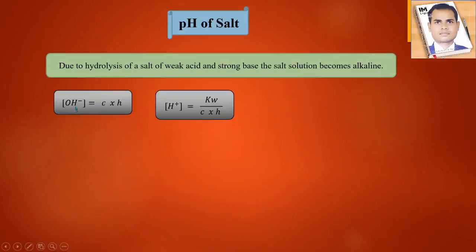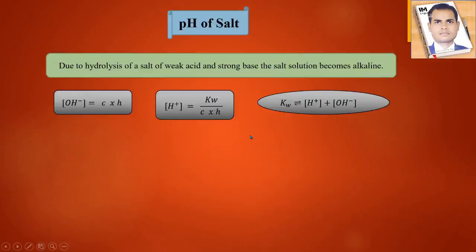The OH minus concentration will be equal to C into h, and you can also write this as Kw divided by the H plus concentration. The ionic product of water, Kw, gives the concentration of H plus and the concentration of OH minus ions. This is the dissociation of water.